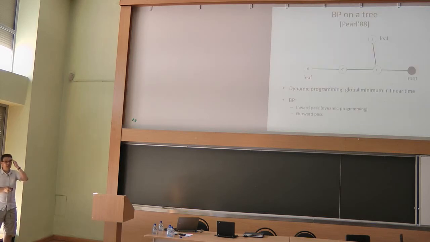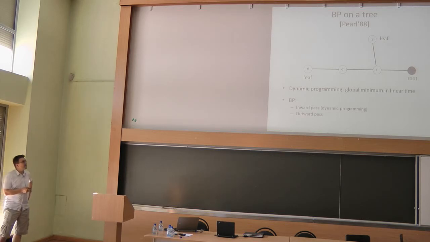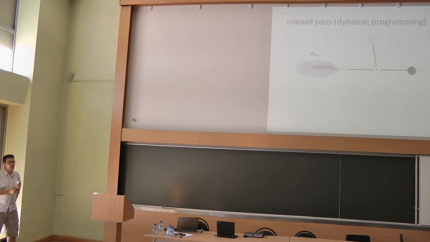So now for a tree. We can start with a leaf P here, then Q and R, and this is another leaf S, and this is the root. We can get again with dynamic programming the global optimum. So we've got an inward and outward pass. In the inward pass, we first compute a message from P to Q, then from Q to R, which in this case I indicate takes all of the information up to this point here.